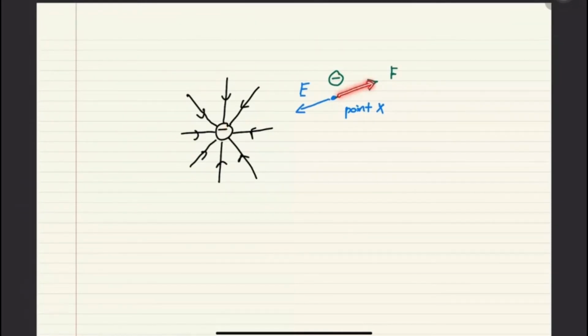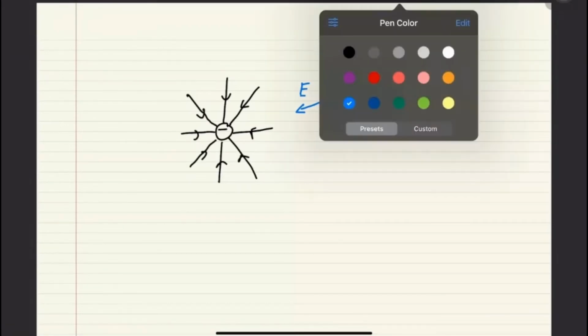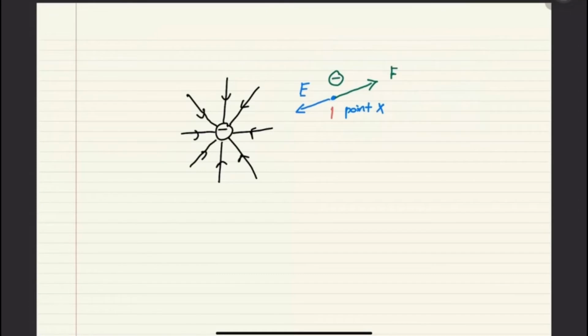So this is the direction of F. If I put it as positive, you will expect F to be in the same direction as E. Again, you apply this when you have been told to calculate the electric field, and then suddenly they say find the net force at point X if they place a positive charge or a negative charge.